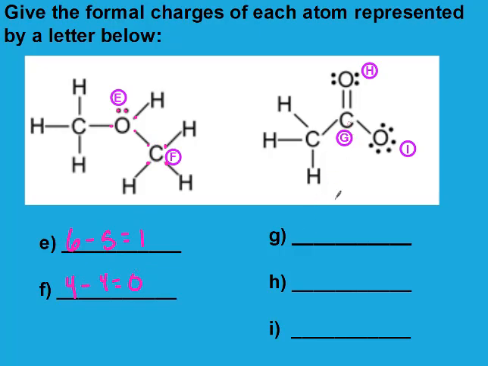G is representing carbon. Carbon came in with 4 valence, and it has 1, 2, 3, 4. So that's a formal charge of 0. H is oxygen, so it came in with 6, and it has 1, 2, 3, 4, 5, 6. And finally, I is oxygen, so it came in with 6, and it has 1, 2, 3, 4, 5, 6, 7. So that's a -1.